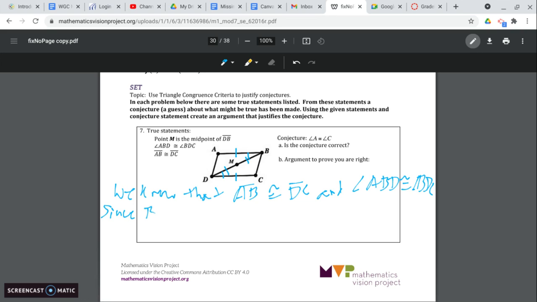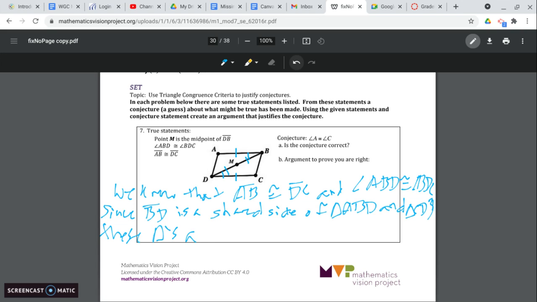Since BD is a shared side of triangle ABD and triangle CDB, these triangles are congruent by side-angle-side.